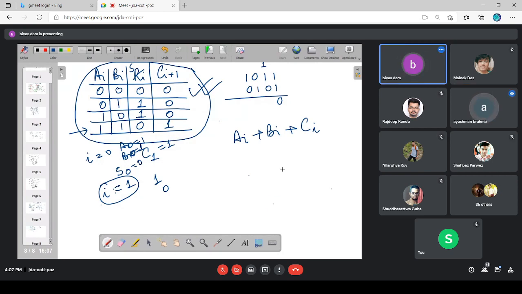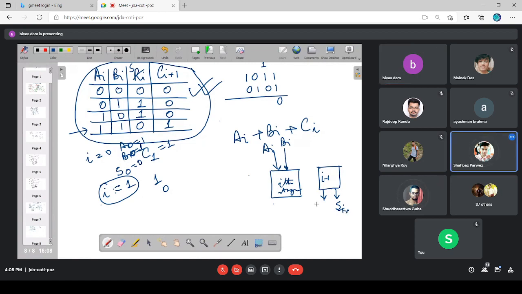Remember, if this is the ith stage, here you are having AI, here you are having BI, and here you have the carry from the I minus 1th stage. The outputs there are S(I minus 1) and CI, and that CI should go to the ith stage.